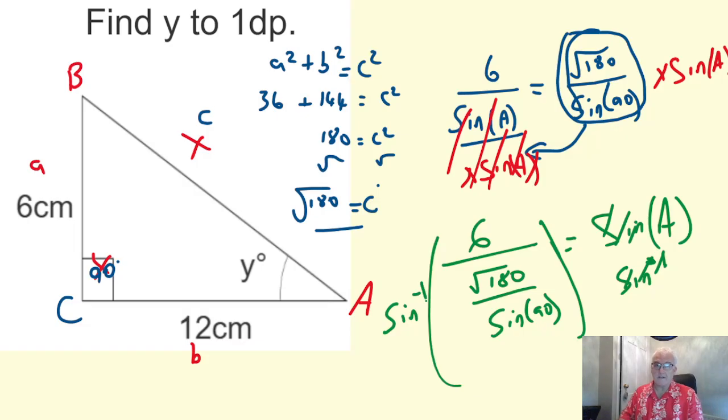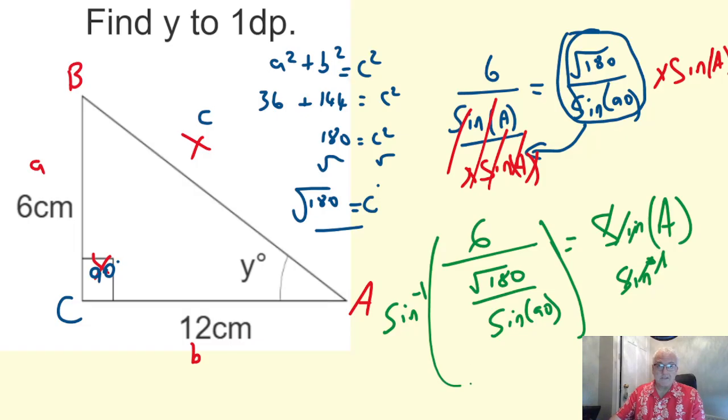Now, while it's not mathematically correct to have a fraction in the denominator of a fraction, what your calculator will allow you to do is to type it in exactly as it is there. So I could put shift sin to give me my sin minus 1, open a bracket, put your fraction key and do 6, tab down, fraction key again, and do the square root of 180, tab down, sine of 90, close bracket, tab to the right, and make sure you close the big bracket as well.